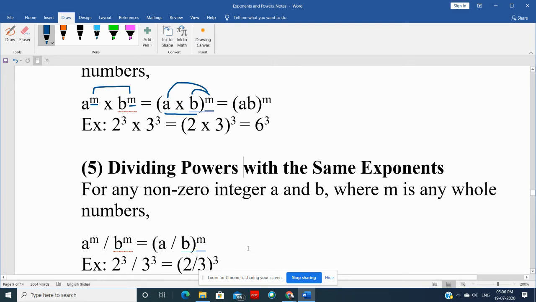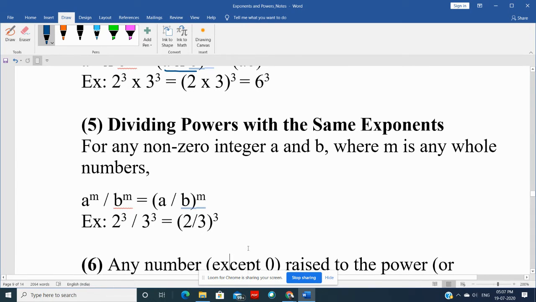Next is the same case but in case of division. In case of multiplication, we kept the power the same, written only one time. Similarly, in case of division, we'll keep the division the same, and we'll keep the powers the same. See here, a raised to m divided by b raised to m.